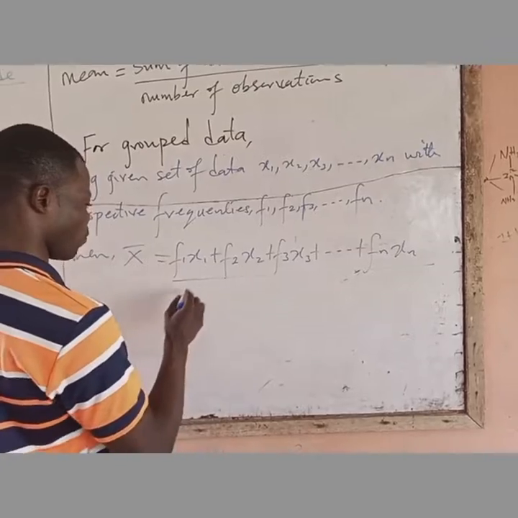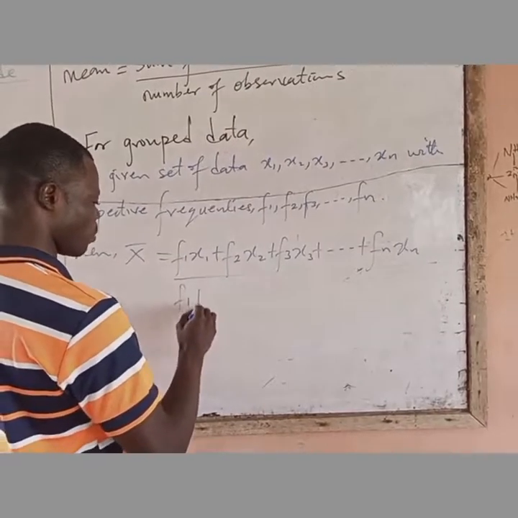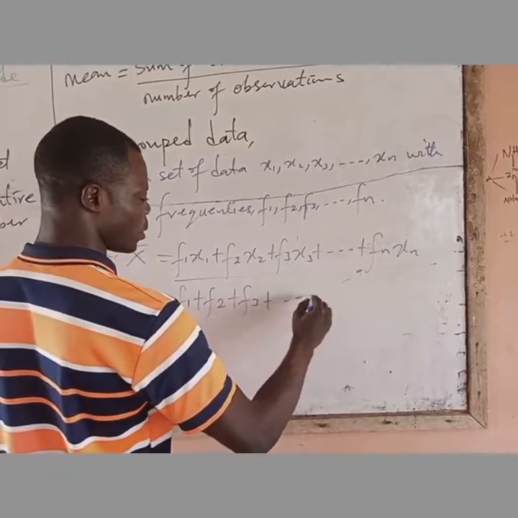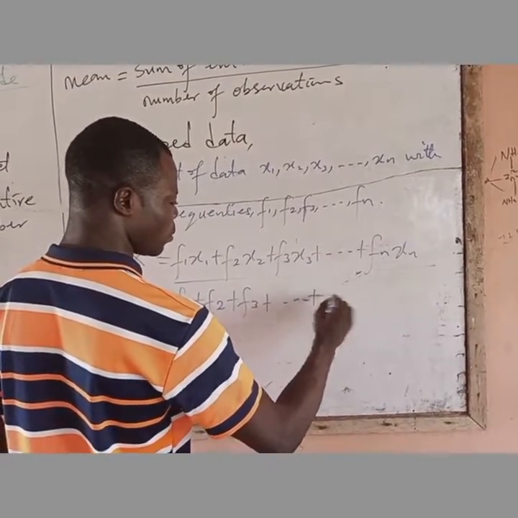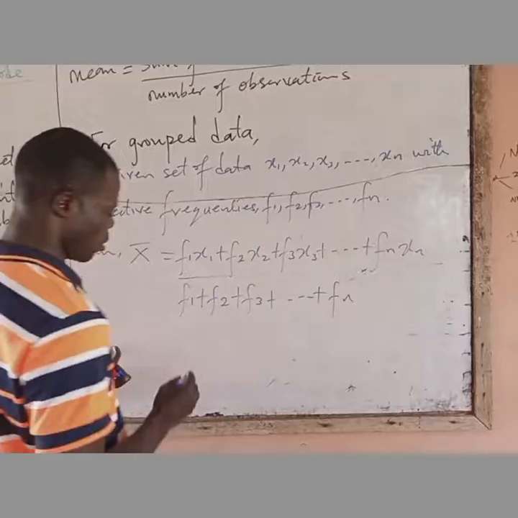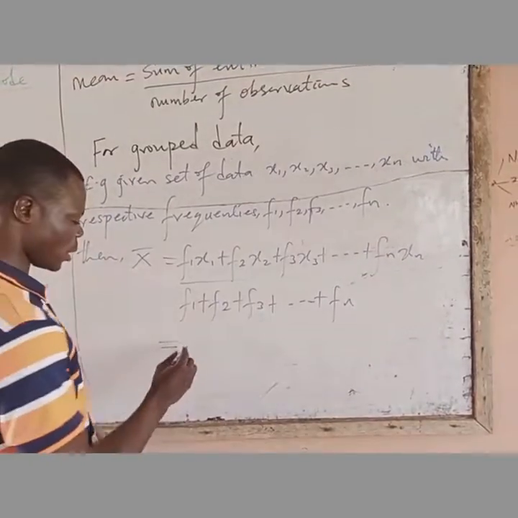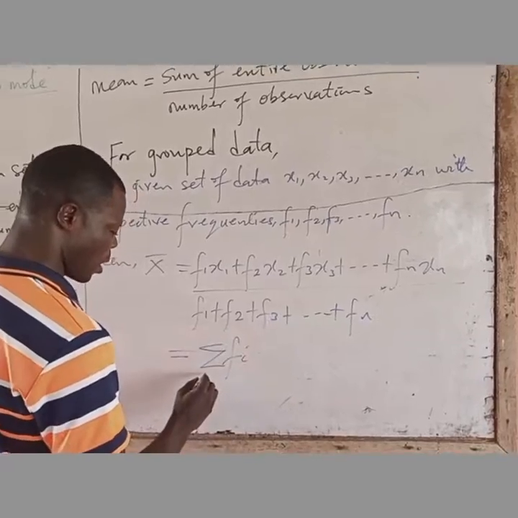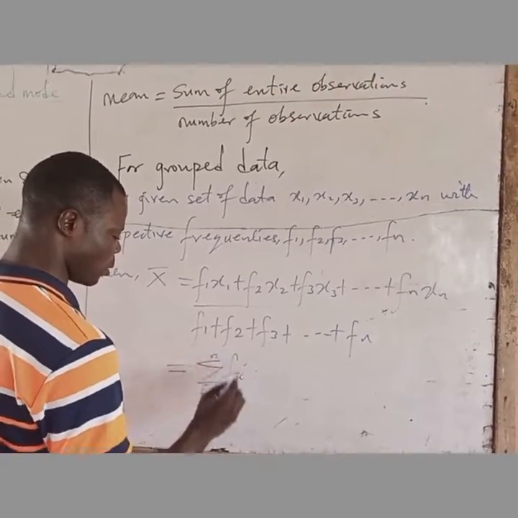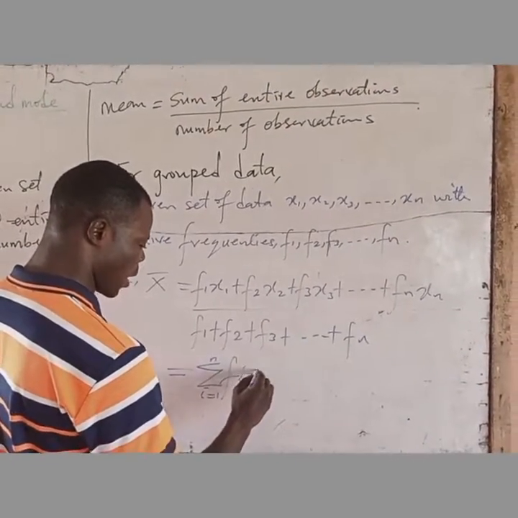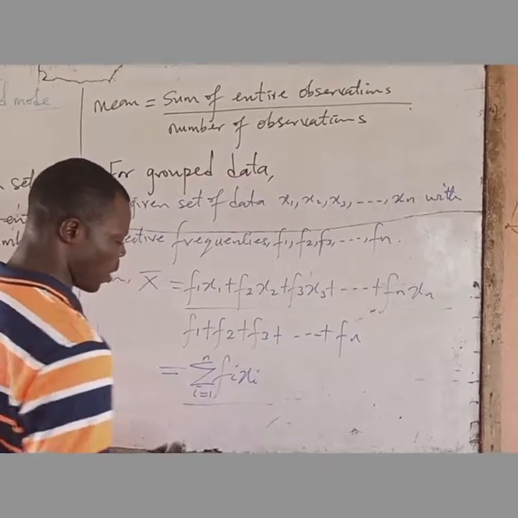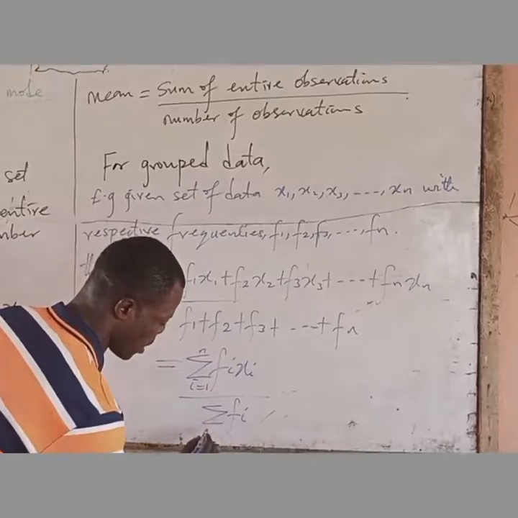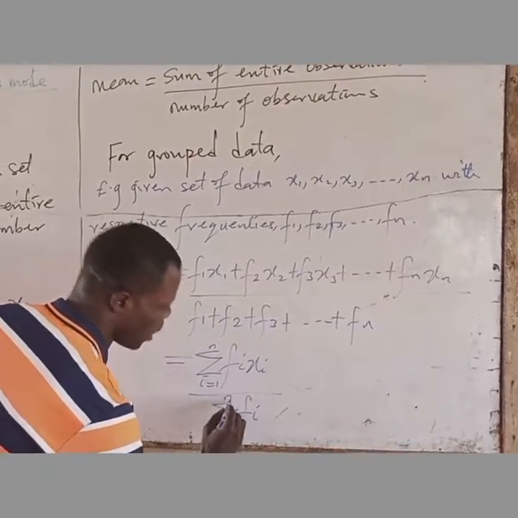So we are going to have f1 plus f2 plus f3 plus fn. Of course, we can also write this as summation fi times xi, where i is from 1 to n, all over summation fi, i from 1 to n.